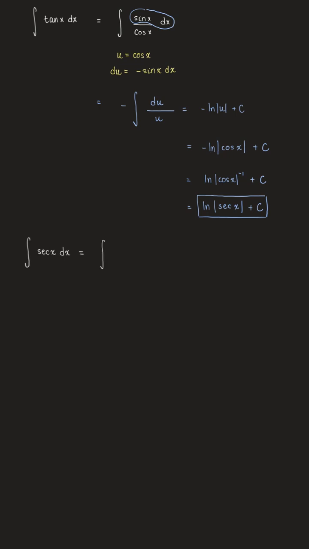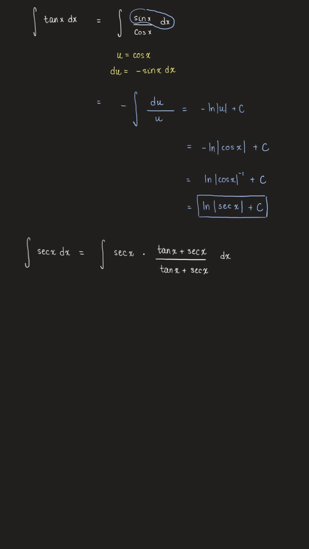So I'm going to write secant here, and for reasons that you may not know at the moment, I'm going to multiply this integrand by tangent x plus secant x divided by itself. Now this is okay because anytime that I multiply by something divided by itself, that's just equal to 1. So I haven't changed this integral at all by multiplying it by 1.